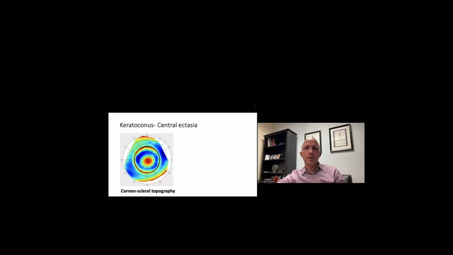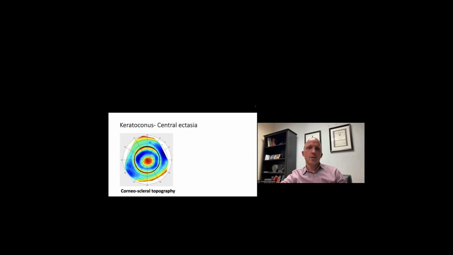So if I overlap the elevation map of his sclera, what we see here is that we don't have a spherical sclera, but we have these areas of blue that are opposed to each other. Now, in an elevation map out onto the sclera, the blue areas actually represent areas of increased sagittal height or steepness.